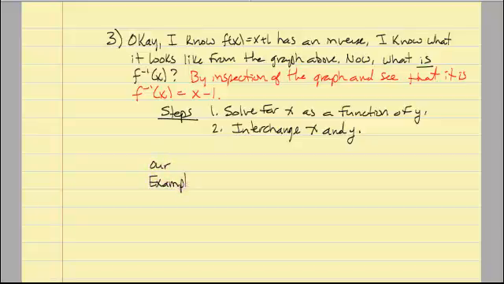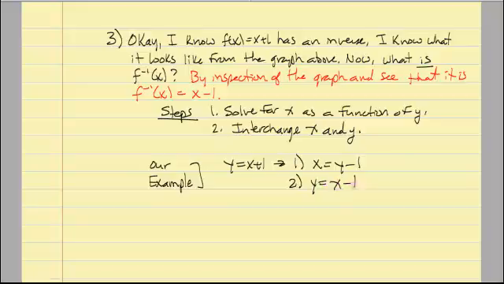So for our example, we had y equals x plus 1, and then step 1 said to solve for x as a function of y. So that means I want x equals stuff only with y's and constants on the other side. So if I solve for x here, I get y minus 1. The second step is to interchange. So everywhere I see an x, I put a y, and everywhere I see a y, I put an x.